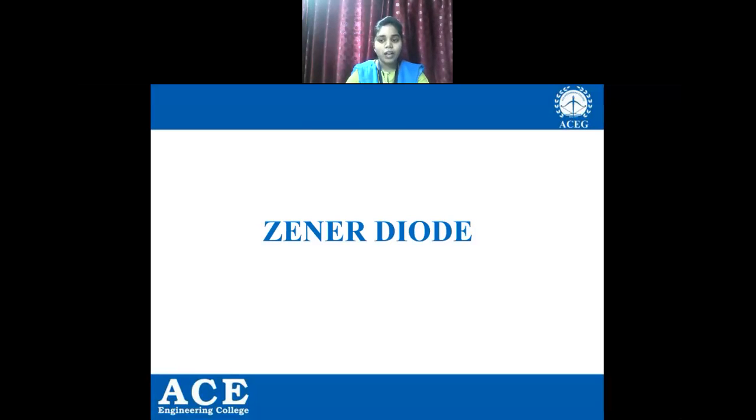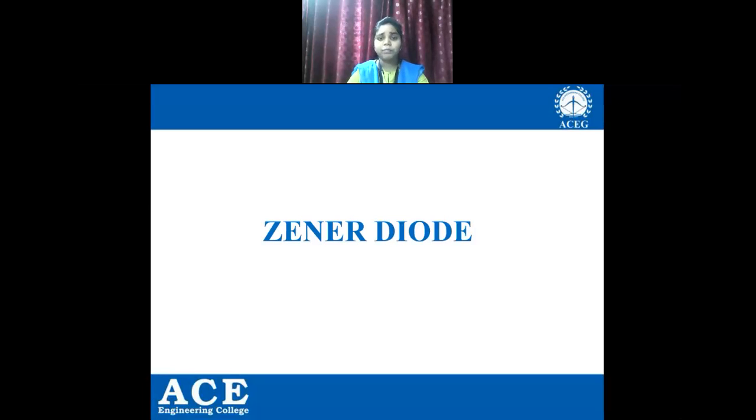Diode is a two-terminal device and it will allow current to flow in only one direction, and it is going to oppose the current to flow in the reverse direction. This is what happens in our PN junction diode.